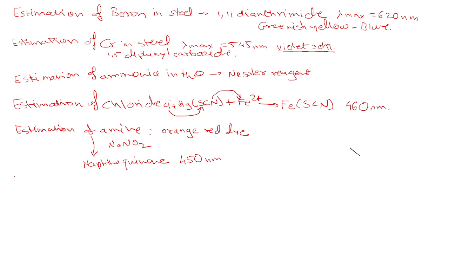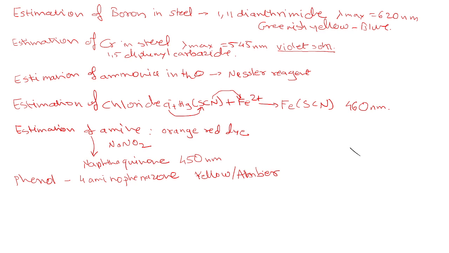Then you can go for estimation of phenol. How is phenol estimated? Using 4-aminophenazone. Okay, so when you treat this phenol with 4-aminophenazone, it gives yellow or amber color solution depending on the concentration.